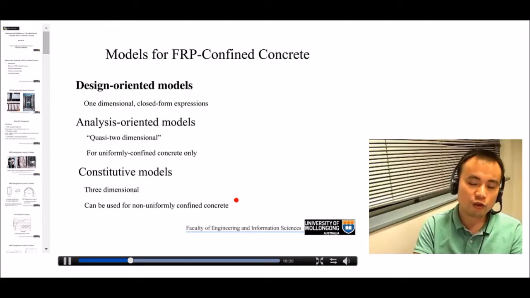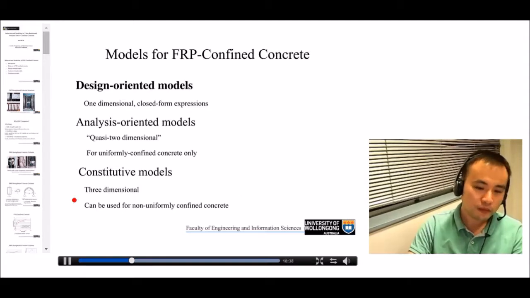That's the first thing. The second thing is whether your test database is large enough. And thirdly, whether the parameters you choose in the equations can represent the behavior of the concrete. These are the key issues we need to consider when we develop such design models.